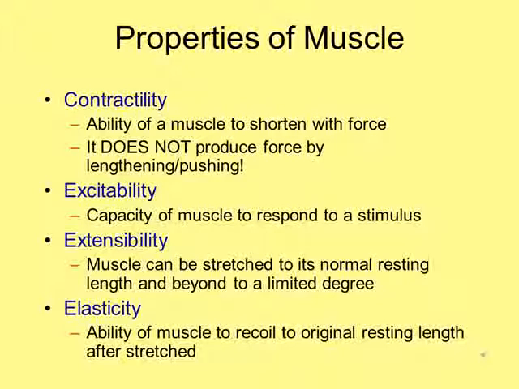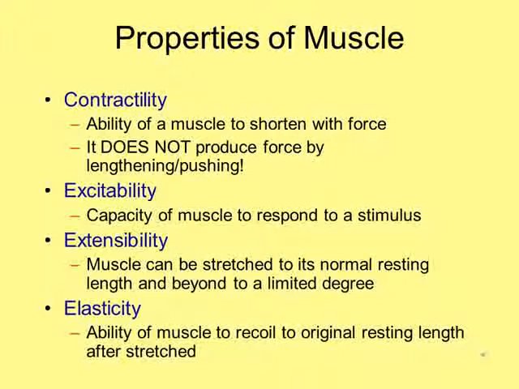Here I am saying that muscles can be stretched more than their normal size. Also, they can release themselves to the normal size and beyond to a limited degree. So this is the property called extensibility.